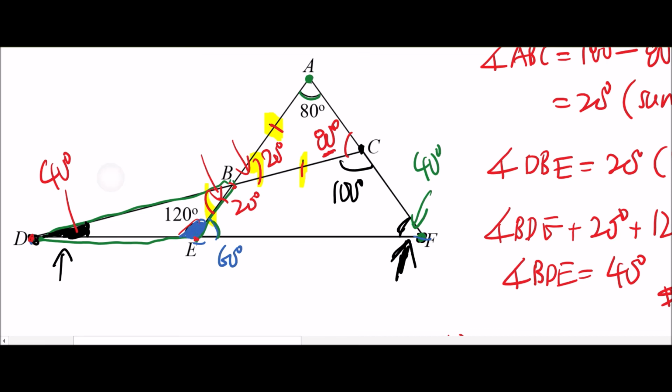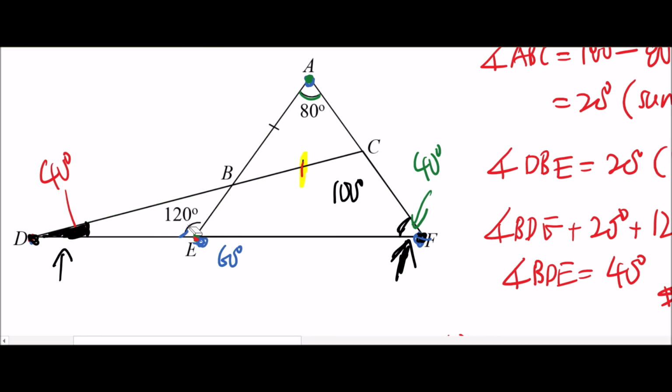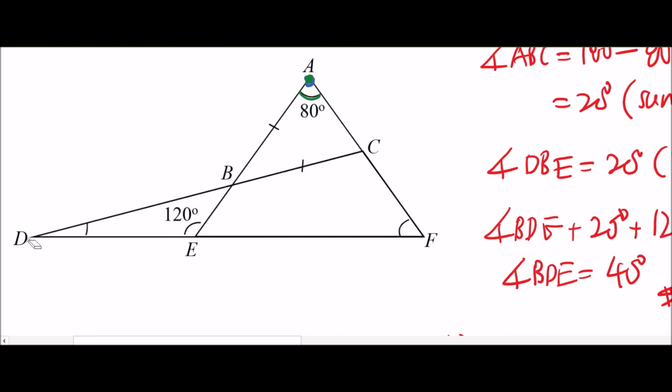And in fact, if you're sharp enough, you realize that this is the exterior angle of triangle AEF. Alright, so pardon me, I'm going to erase everything so it's not so messy, so that you can see very clearly. If you need the annotation, just rewind the video. So you realize that this angle, 120 degrees here, is the exterior angle of triangle AEF.